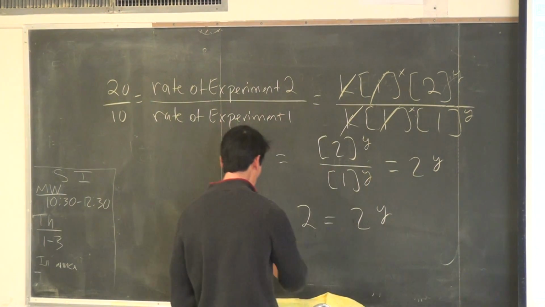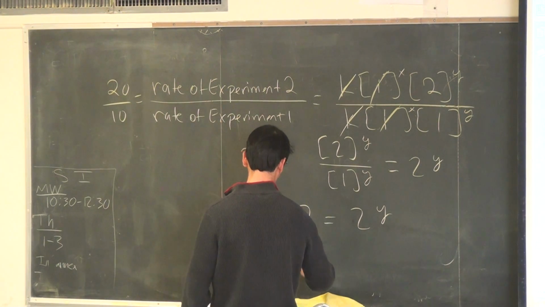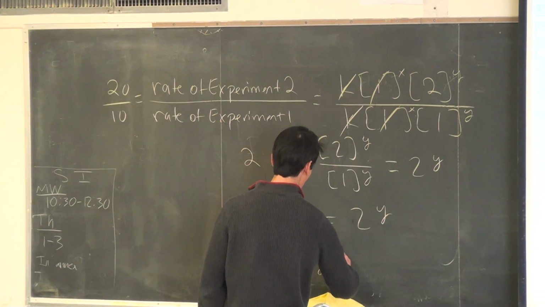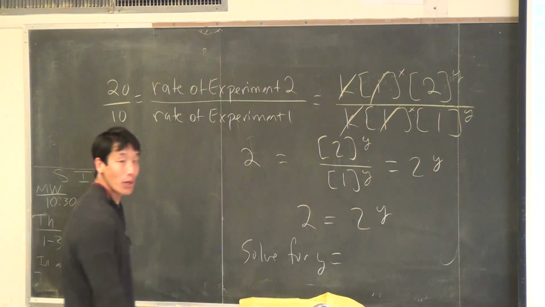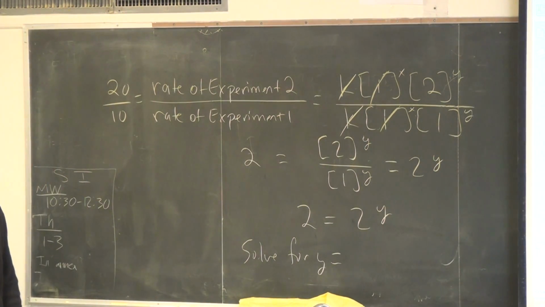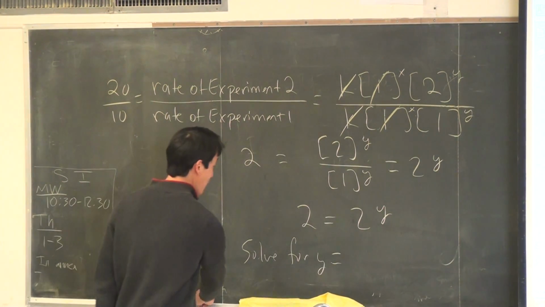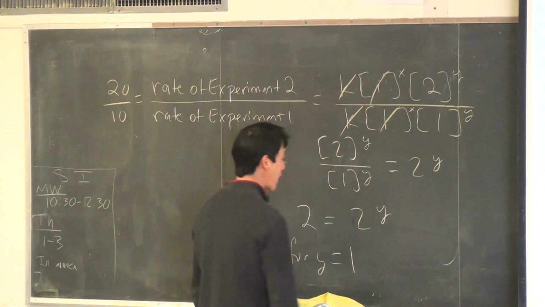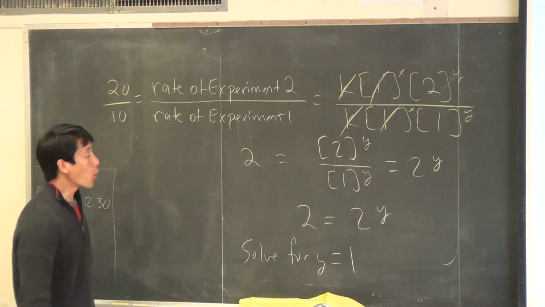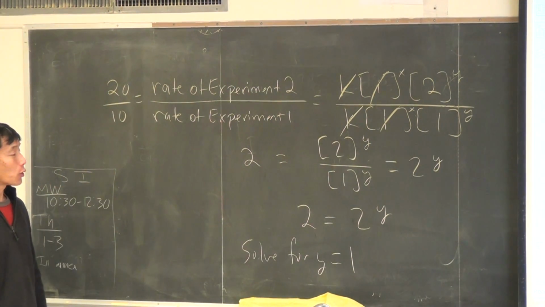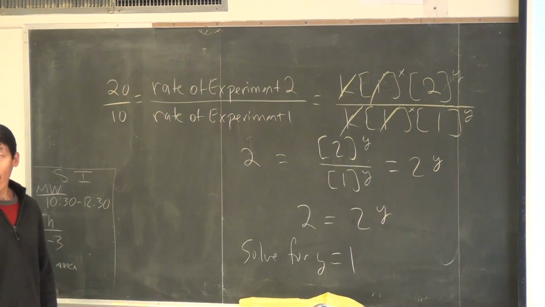If we solve for y, y is equal to 1. Based on these experiments, this tells us that the order of the reaction with respect to reactant B is 1.